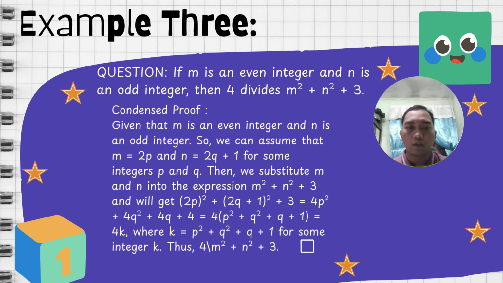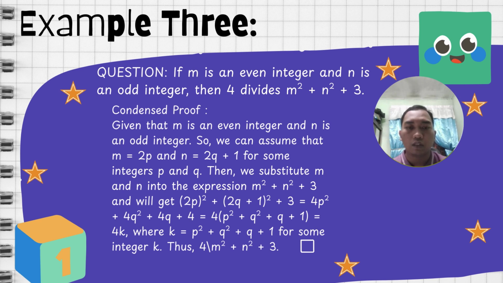Then, we substitute m and n into the expression m squared plus n squared plus 3 and we get (2p) squared plus (2q plus 1) squared plus 3 equals 4p squared plus 4q squared plus 4q plus 4 equals 4 times (p squared plus q squared plus q plus 1) equals 4k, where k equals p squared plus q squared plus q plus 1 for some integer k.